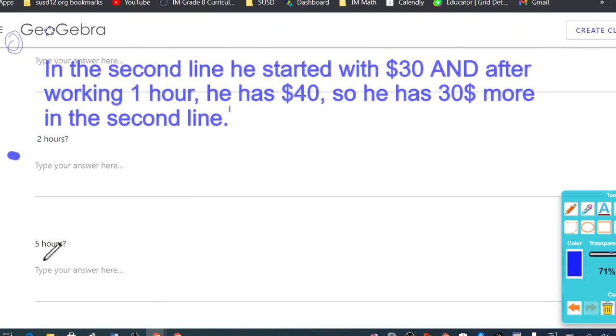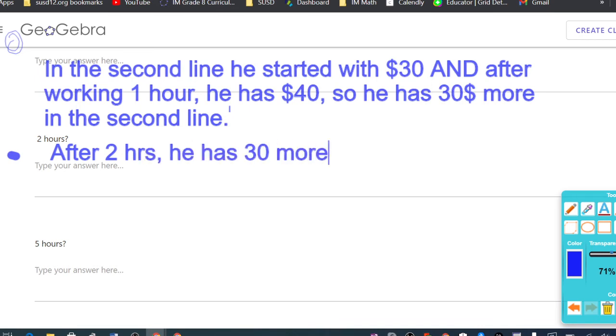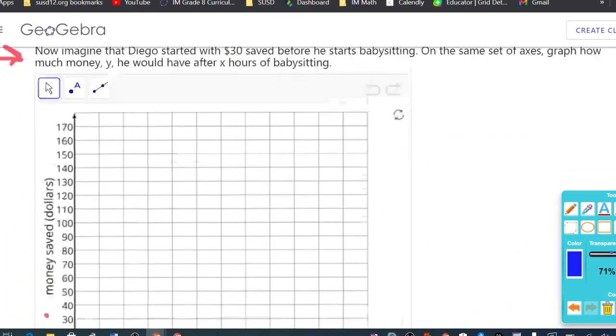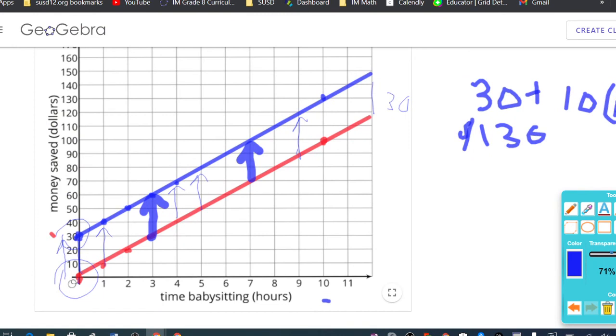Now, in 2 hours, how much more money does he have in the second line? After 2 hours, he has $30 more. It didn't change. How much more he has doesn't change. And after 5 hours, okay, well, look at the graph. If you don't believe me, look at the graph.